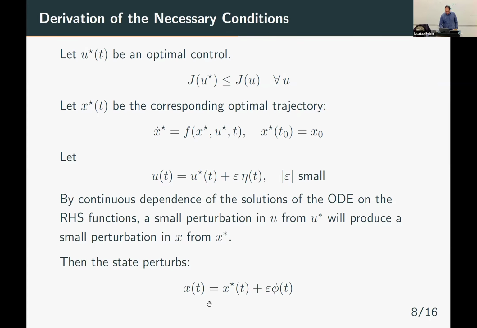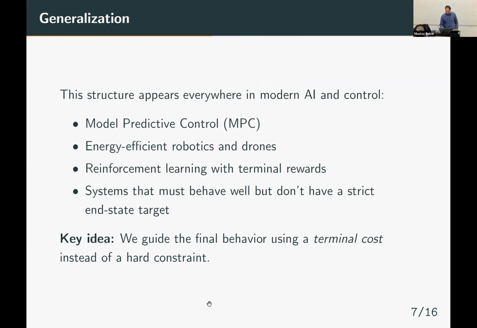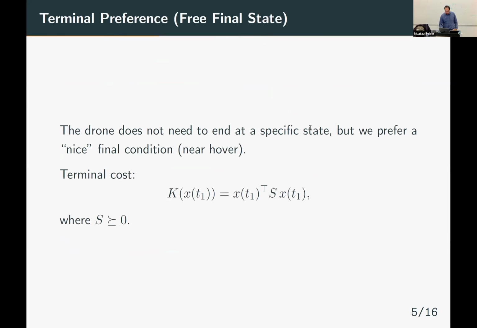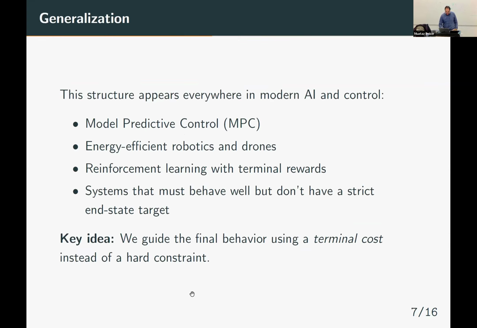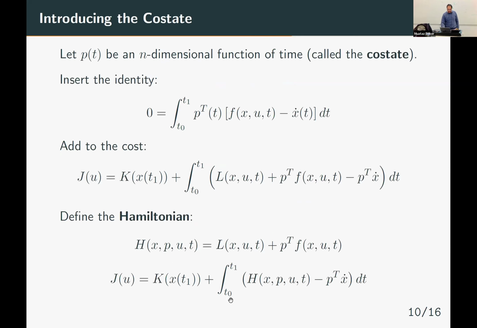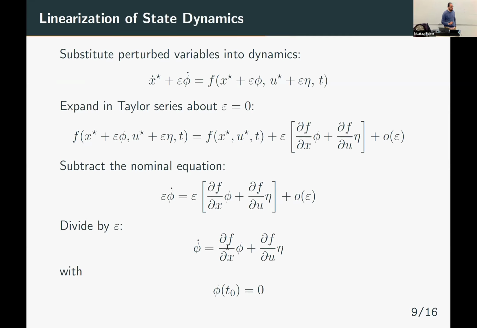So x at t naught is x naught. We have x naught here, x naught here. This will go away with that one. You end up with epsilon of phi of t naught is equal to 0. And epsilon is not 0; epsilon is a small parameter. Hence, phi of t naught is equal to 0. So this is the boundary condition for this equation.